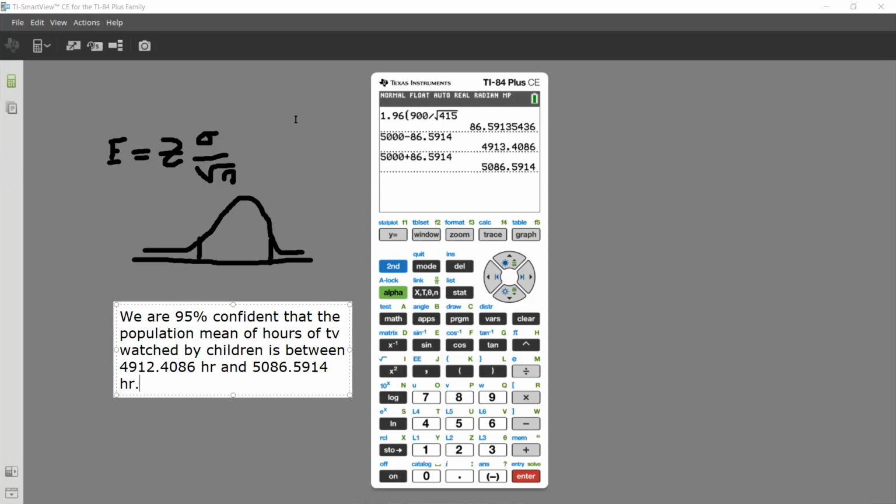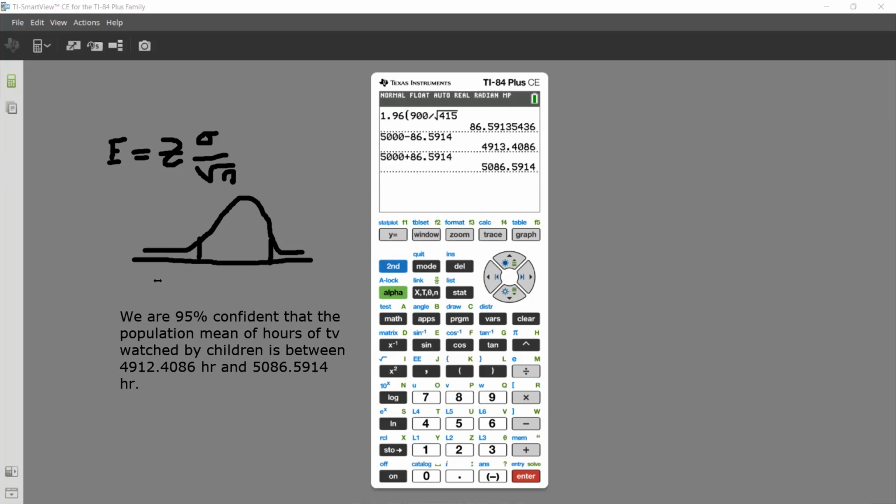If this is 4,913.4086 on the left, and the right side is 5,086.5914.